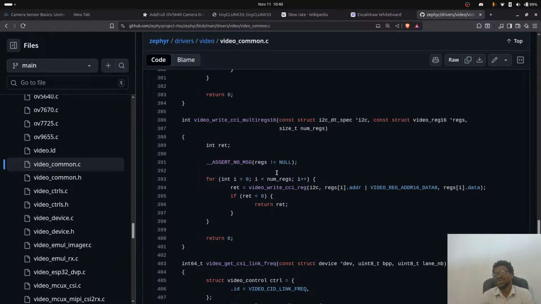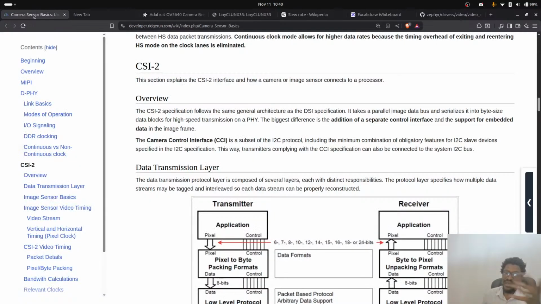What am I trying to show here? It's that this is an example of the camera control interface, and it has a standard. There's a way of doing things in it, and because of that, you can use it as a layer on top of things, and it can almost become an abstraction between the processor and the image sensor that you want to use.